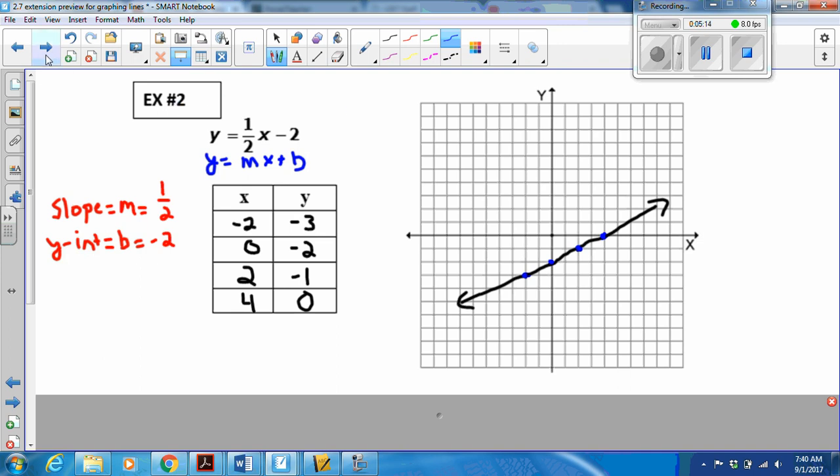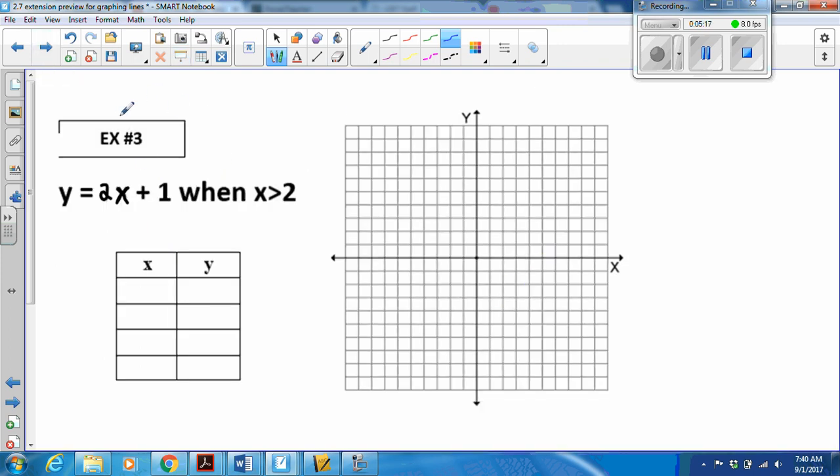Now the next example, we're going to do basically the same thing. But if you notice, when we look at example 3, we have y equals 2x plus 1, and now it says when x is greater than 2. This little part right here is what we call a restriction.